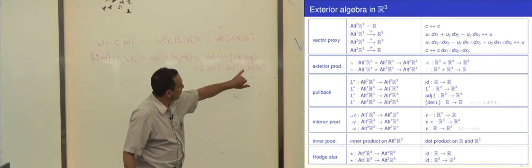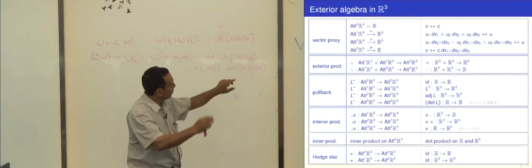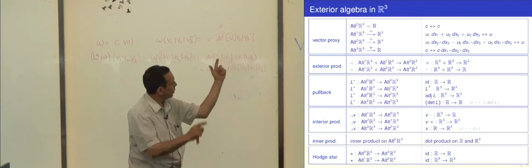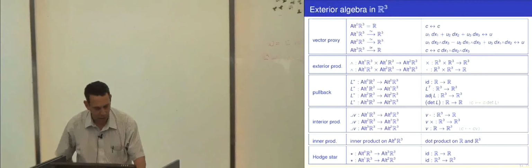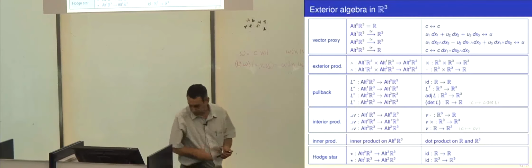This is the volume of the parallelepiped determined by V1, V2, V3. This is the volume of the parallelepiped determined by LV1, LV2, LV3. And the volume gets multiplied by determinant of L. So sure enough, this is that constant times the volume form. And so this constant goes to that constant times det L. And the adjugate relation and the transpose relation are similar.